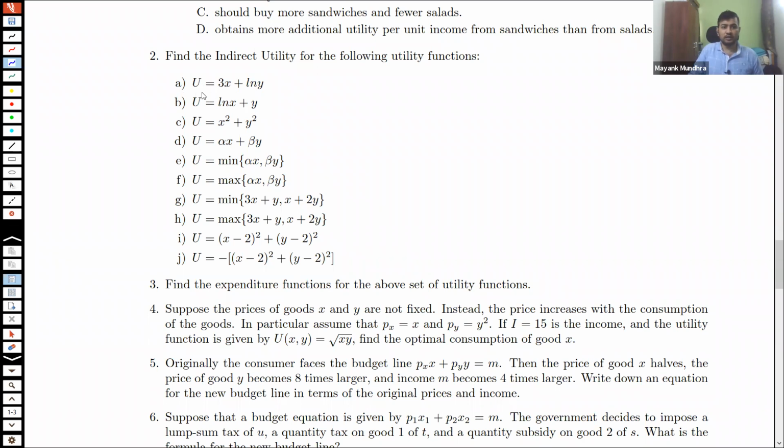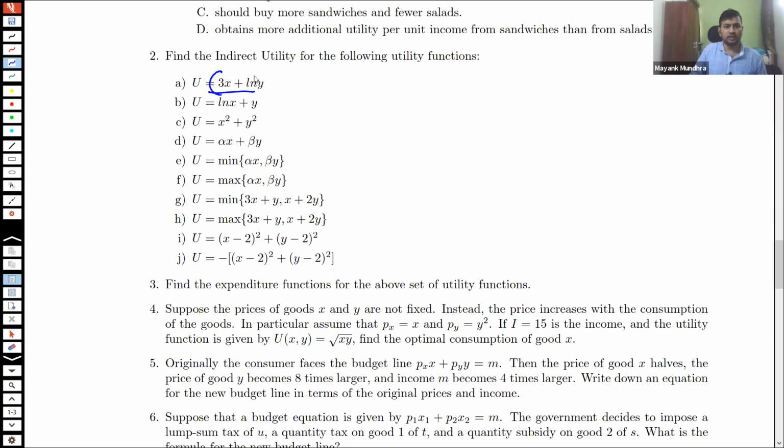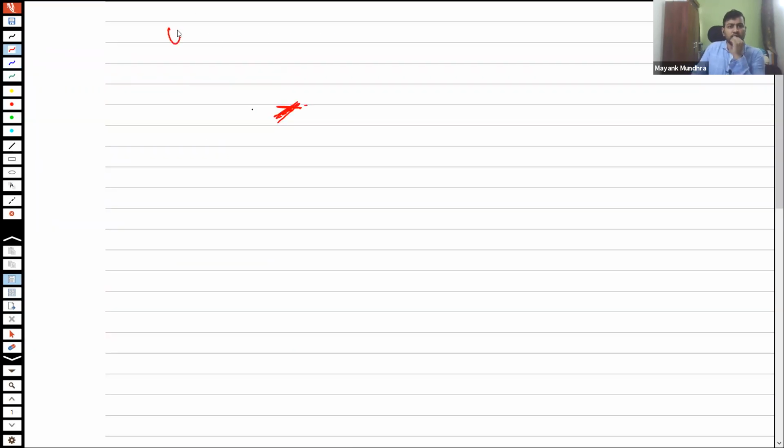So let us look at this first one, 3x plus lny. Okay, 3x plus lny. So my utility is equal to 3x plus lny.